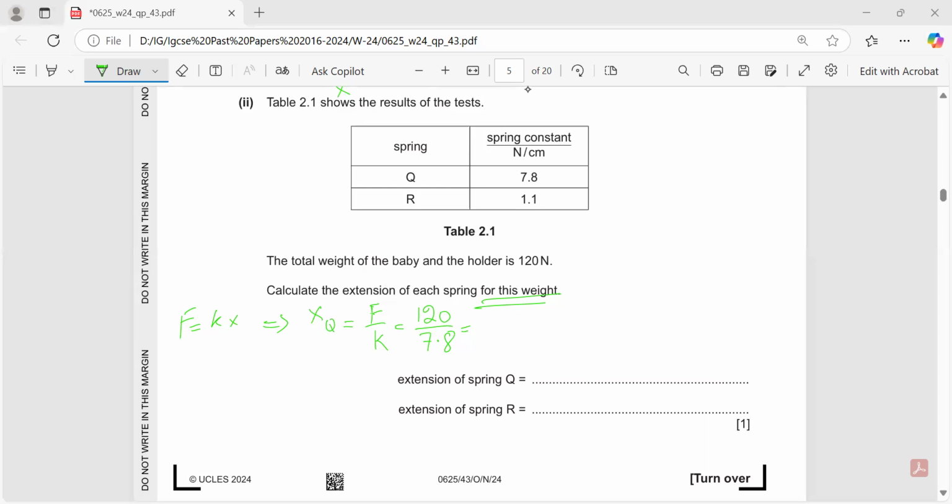So I can write 15.4, and it will be in centimeters. Similarly, for XR, that will be again F over K, that is 120 over 1.1. 120 divided by 1.1 is 109. So we can write here 109 centimeters. So greater extension will be there when the spring constant is what? Smaller.